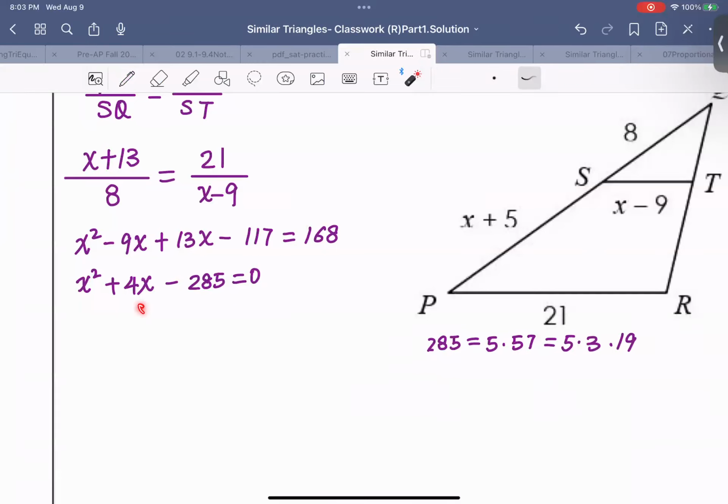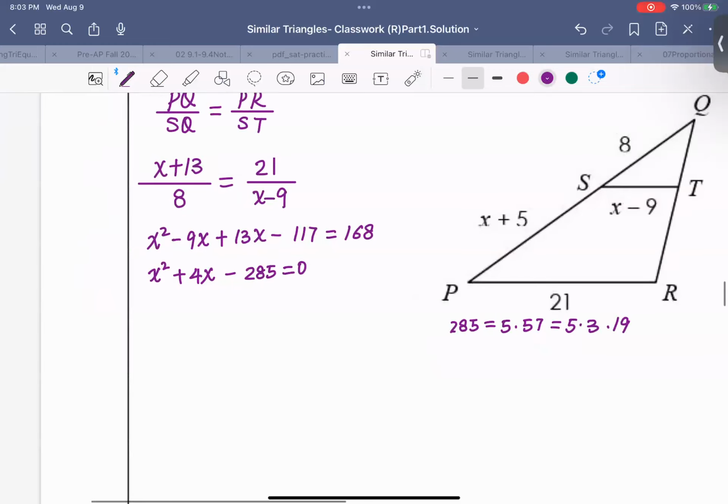You want to get two numbers with a difference of 4, so that you will meet the 4 here, right? Did you see 15 and 19 is going to meet? So 1 times 1, and then 15 times 19. 19 is positive.